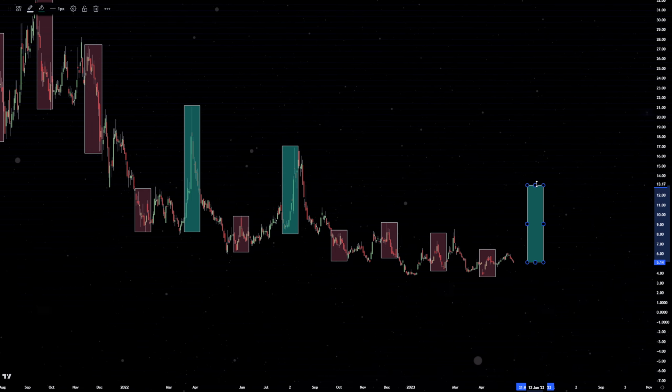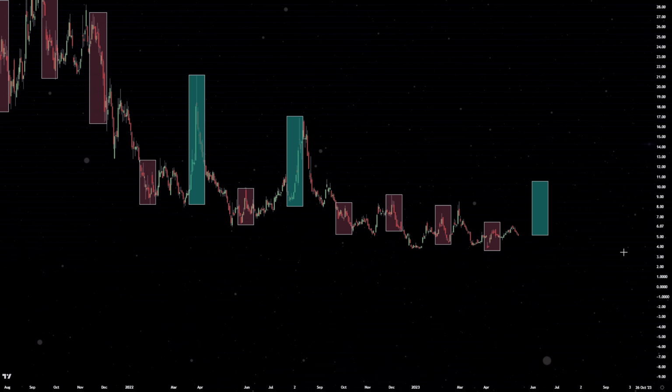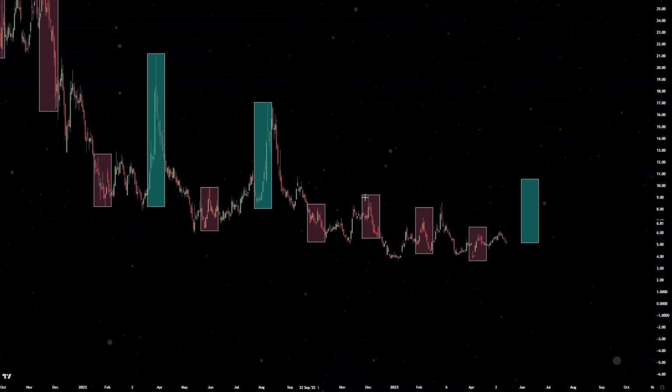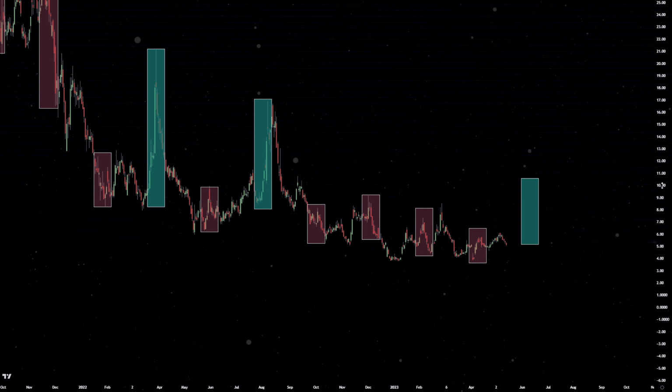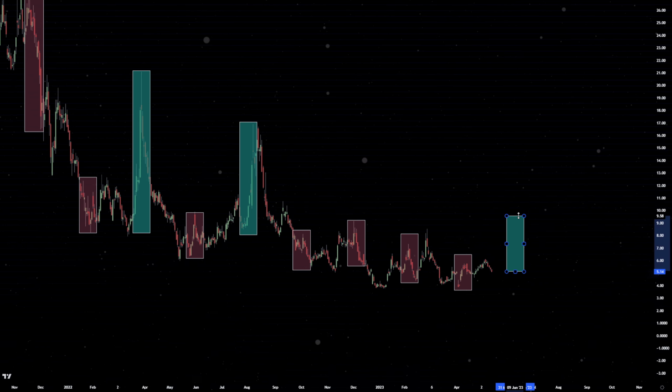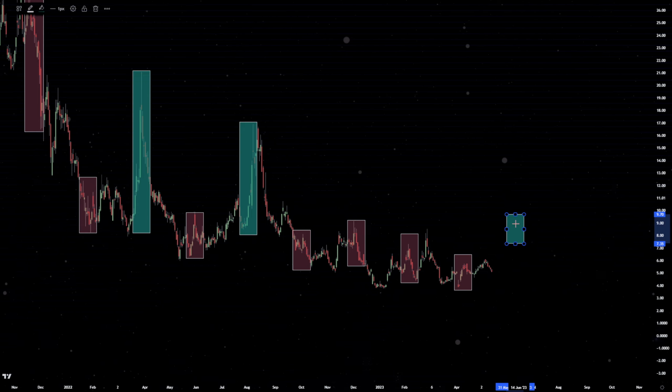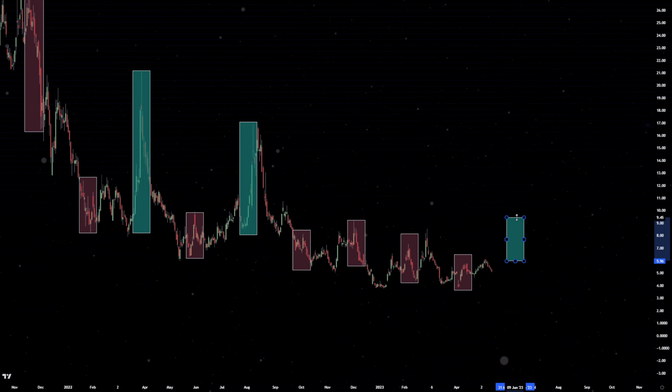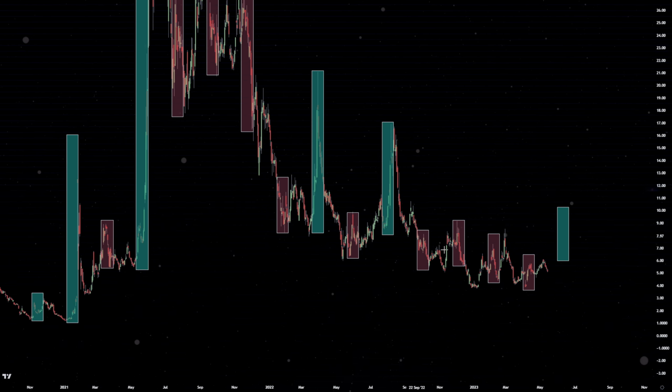Okay, so my next projection, and this is pretty conservative, I think, going into the next point of interest, if we experience heavy volume coming in, I don't see why we can't see, and I'm just going to have a range here, right around the $6 range, if we're there before the POI starts, I don't see why AMC can't go to the $8 or $10 range to start coming back up and meeting some levels of resistance.